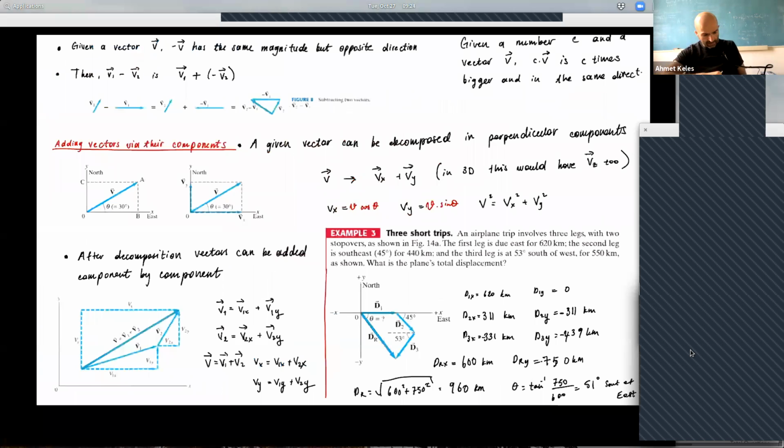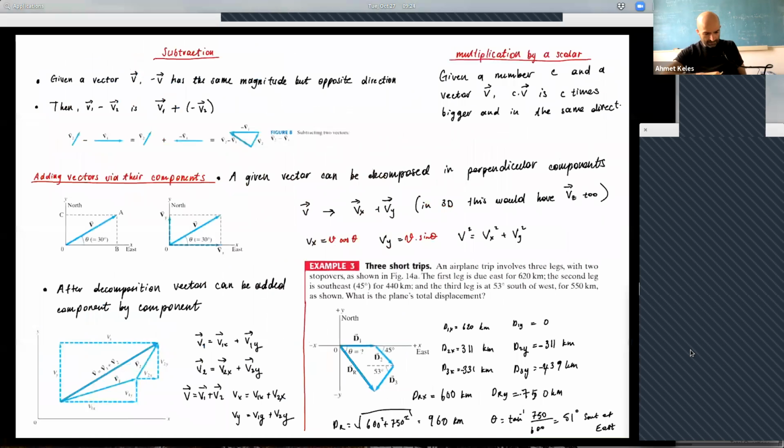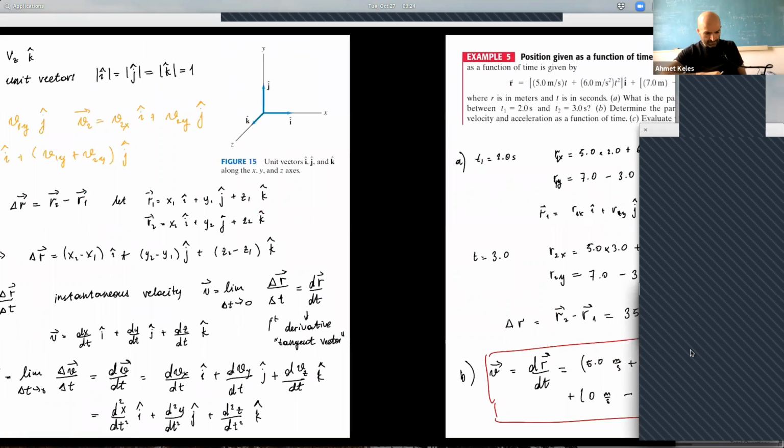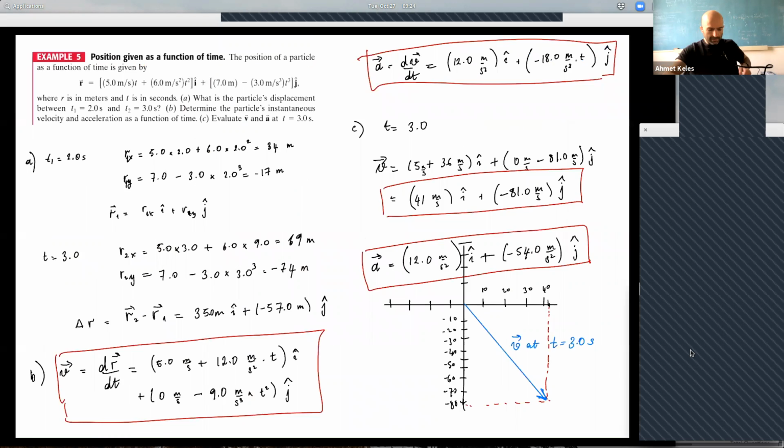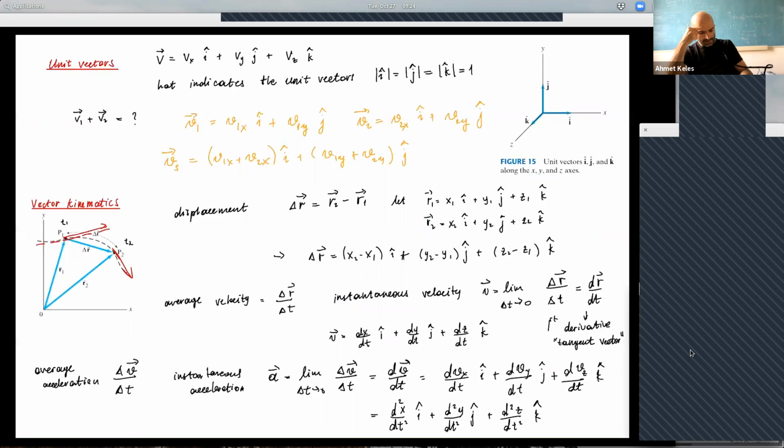So let me introduce maybe a couple more things. The unit vectors: for a given coordinate system, we can define unit vectors like this. In three-dimensional geometry, x, y, z, we have unit vectors along x, y, and z, I hat, j hat, k hat.